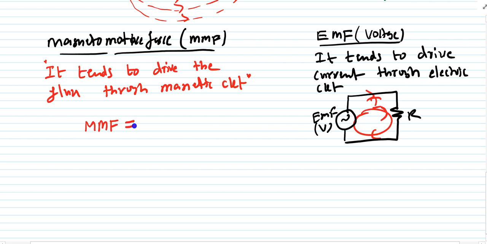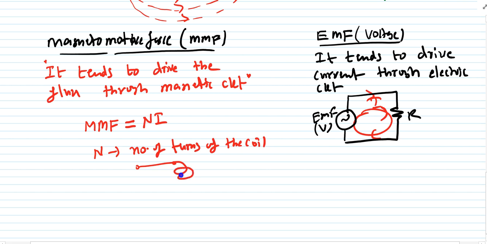The MMF can be defined as N into I, where N is the number of turns of the coil. Suppose you have a coil like this: 1 turn, 2 turns, 3 turns, 4 turns, 5 turns.